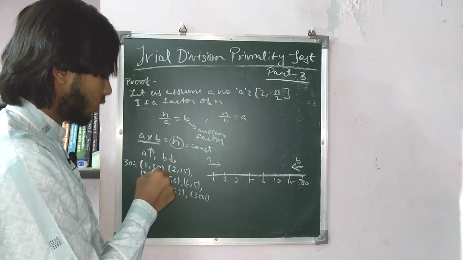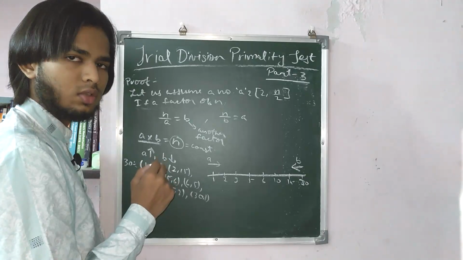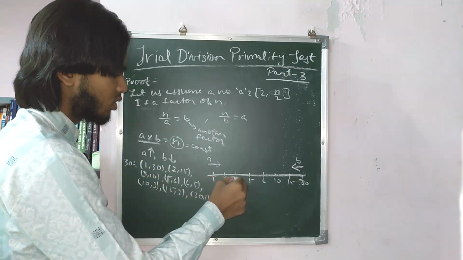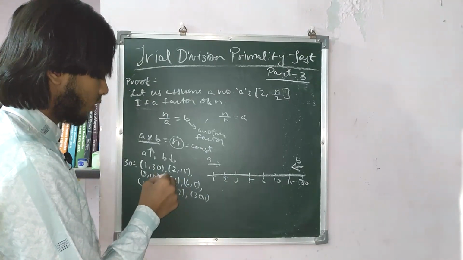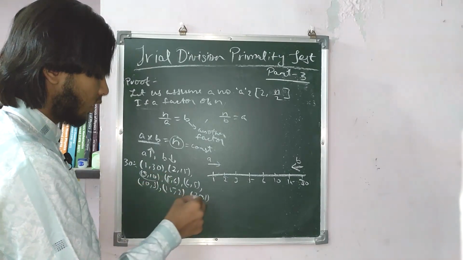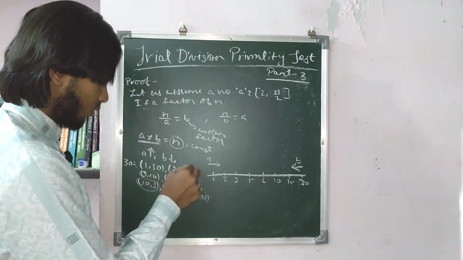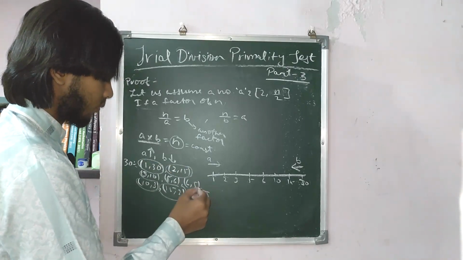So we have to see that in this case it is 5, as I have shown you previously also. If we reach the number 5, we are covering this pair of factors also, and this pair, this one, this also, and this also.